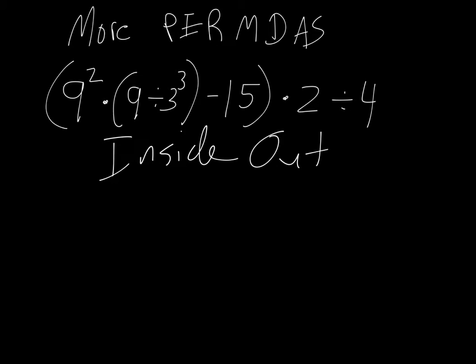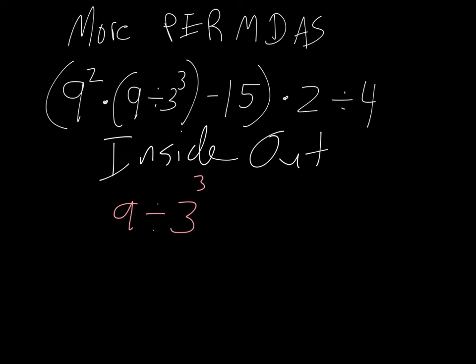So we go with the very inside, there's my first set of parentheses. I'm just going to break that out by itself for just a second and just look at 9 divided by 3 cubed. Start with just that piece all on its own, which in and of itself has more PEMDAS inside of it.